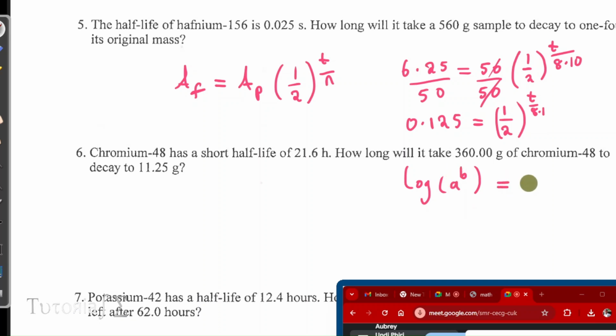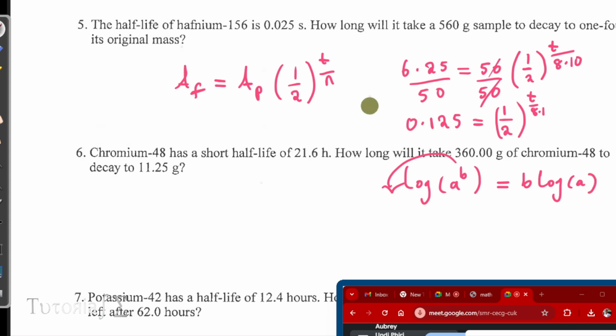This is the same thing as that power, so the power drops down, then log of the base. So it's a logarithmic property, but you just have to memorize it since you guys have not done it. Is that okay?